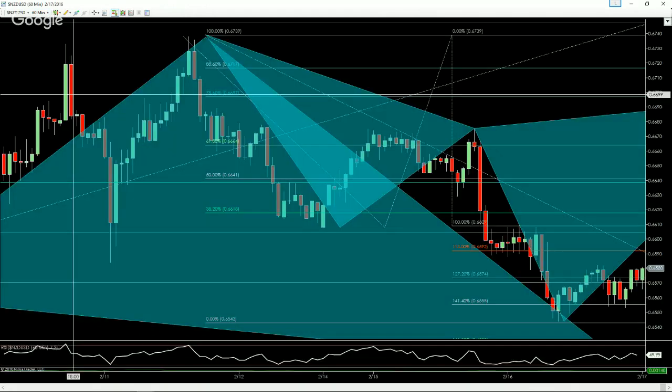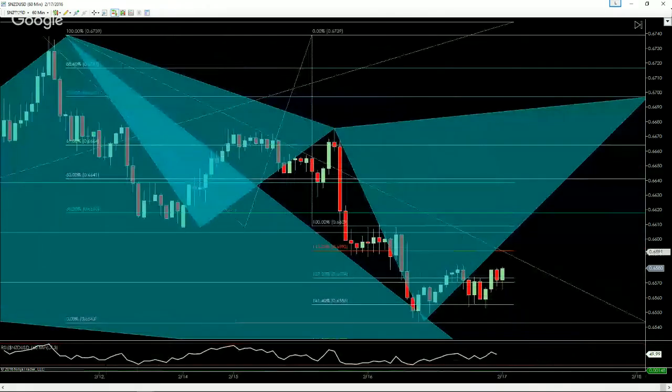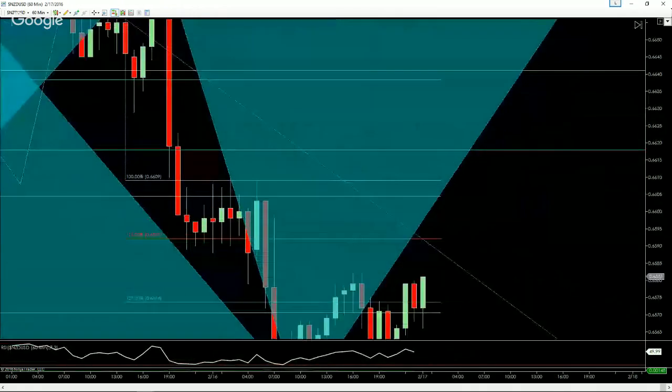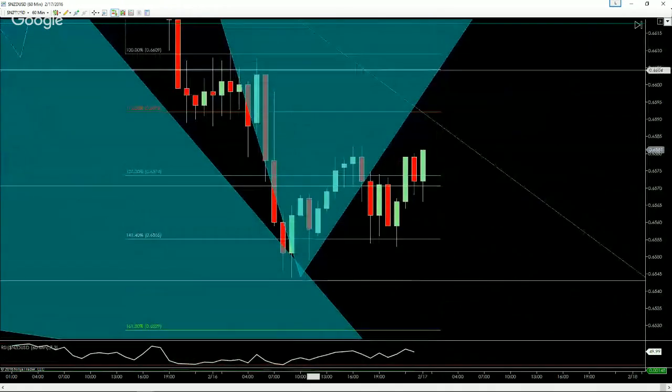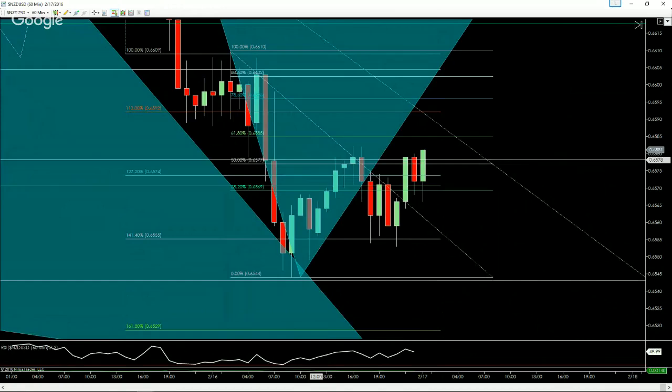Let's go down on the 60. We have a smaller pattern right here, if you guys can see it. It's actually, let's see, that would be a bat pattern.